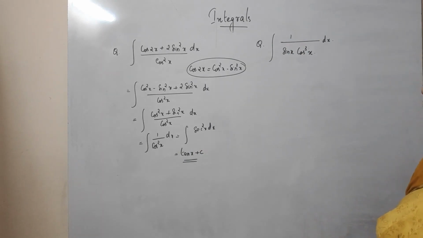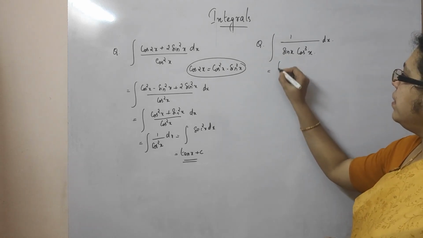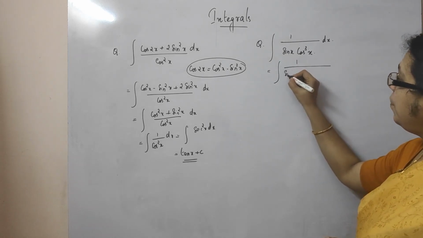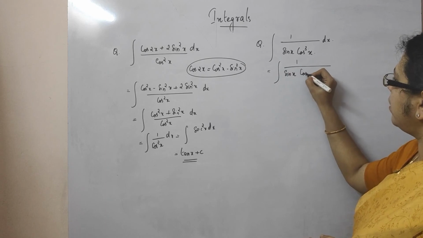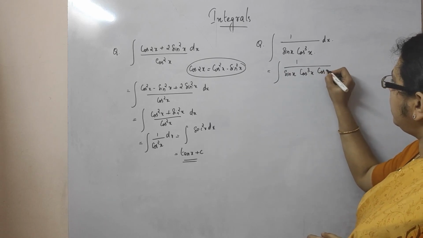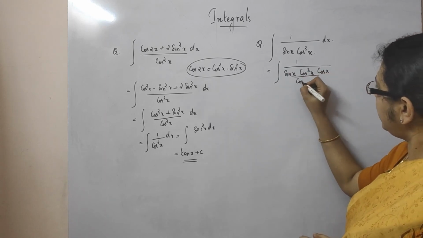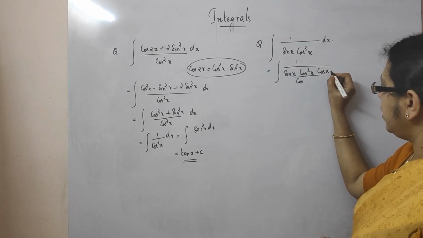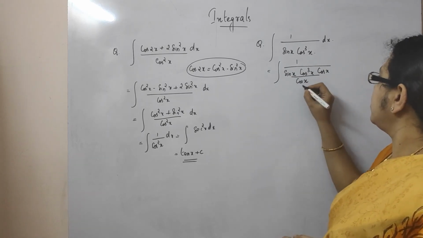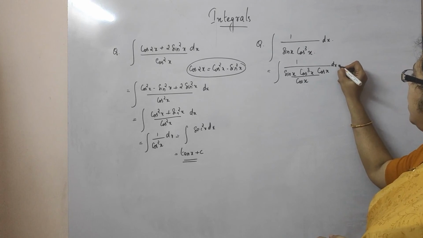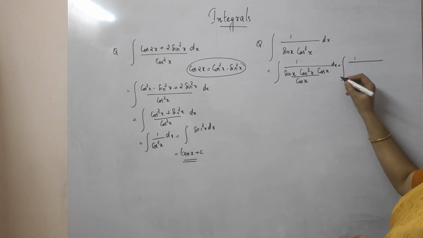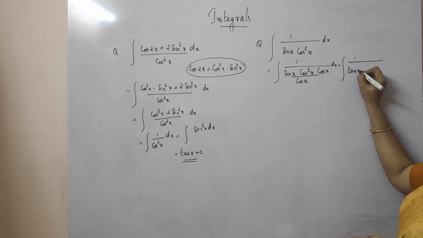1 by sine x into cos cube x into dx. So, here I will divide and multiply the denominator. We have already done one of this kind. Denominator I multiply with cos x, divide with cos x. So this becomes integral of 1 by tan x. Why did I do that like that?